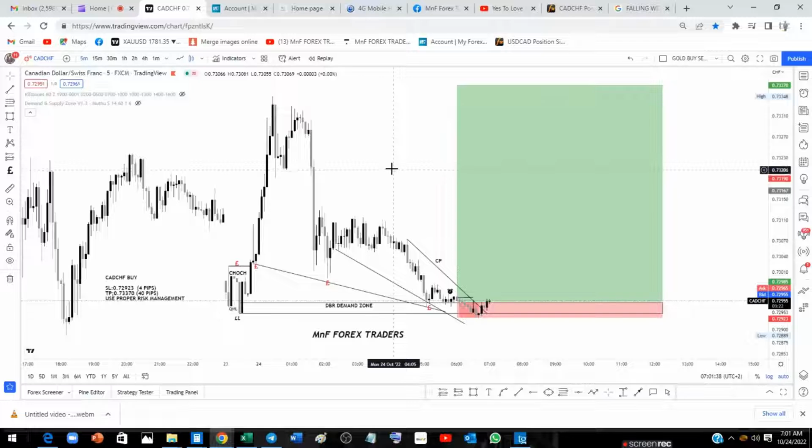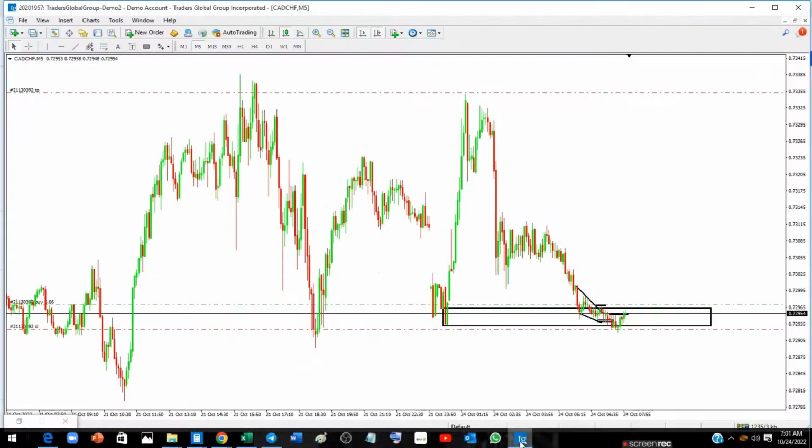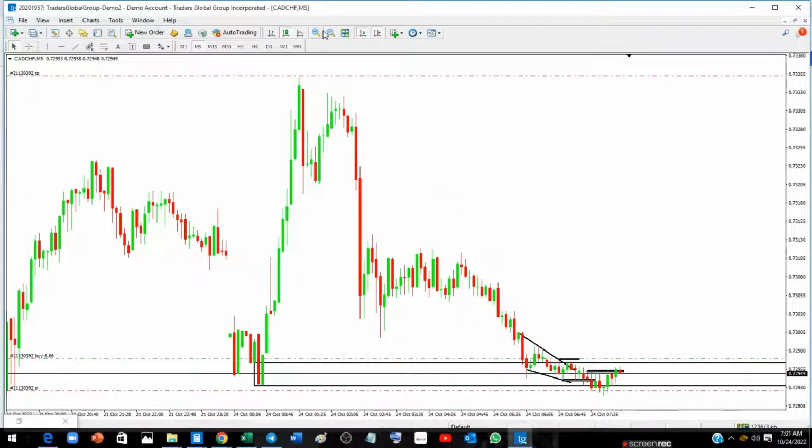We are back. Okay, the market hasn't really done anything. It's still almost at that same level right there.